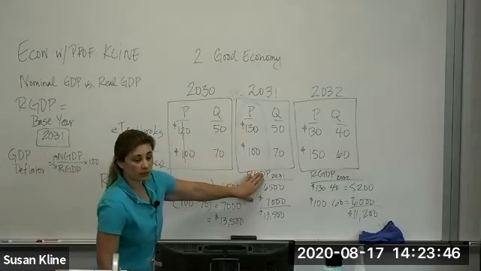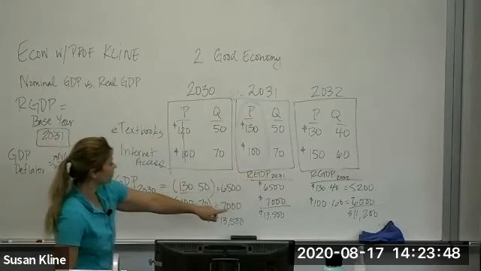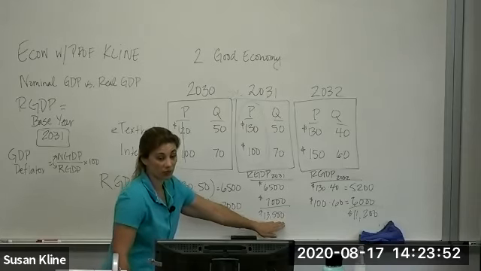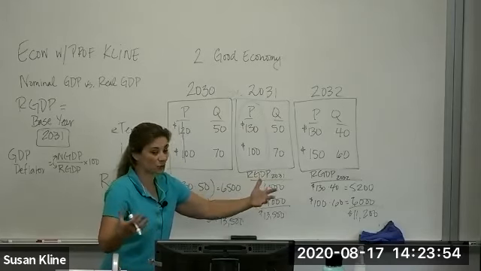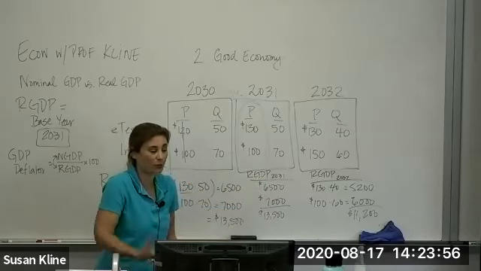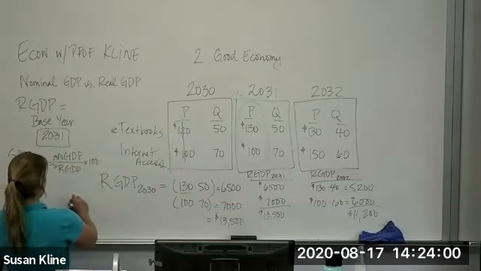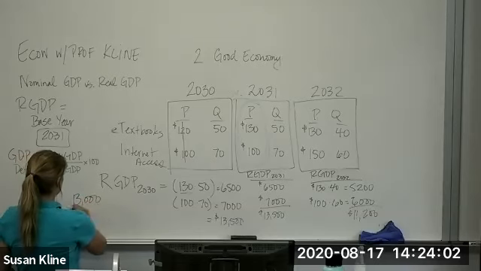In 2031, it's going to be 100, because nominal was 13,500, and 13,500 divided by 13,500 times 100 is 100. In the base year, it's 100. That's actually how you can find out what the base year is if you're not sure. For 2030, our nominal was 13,000.